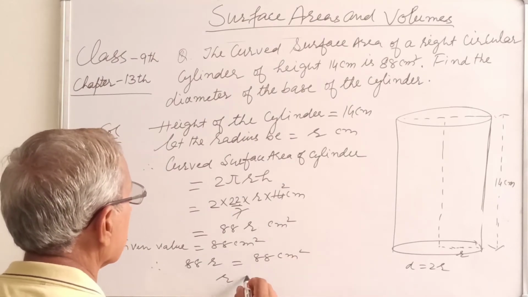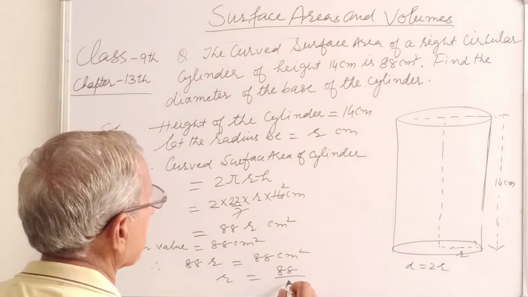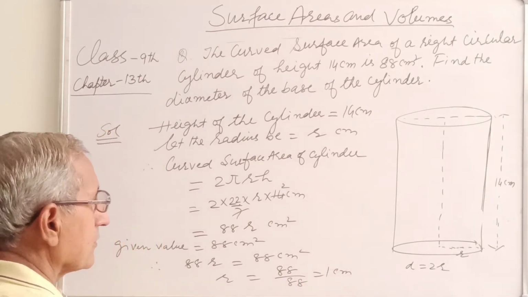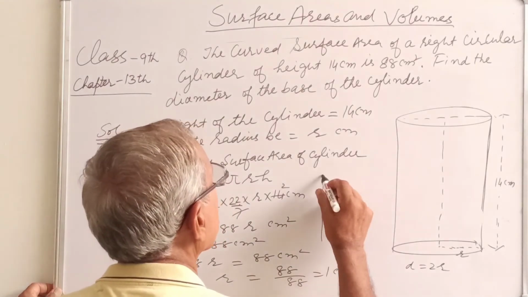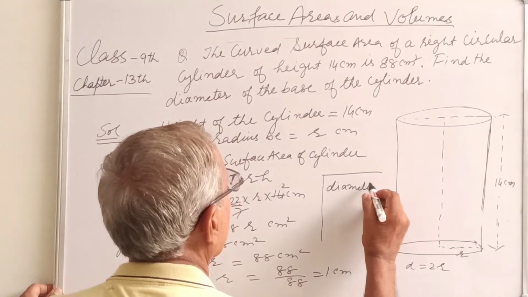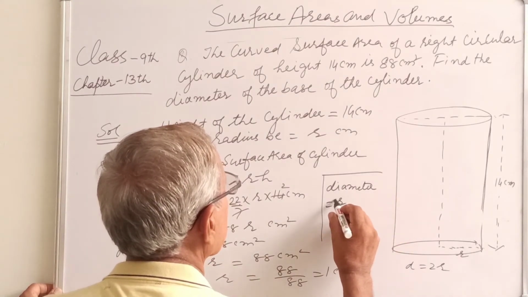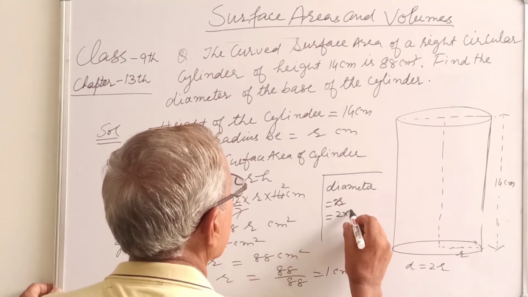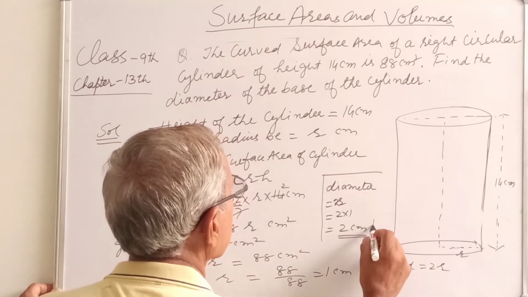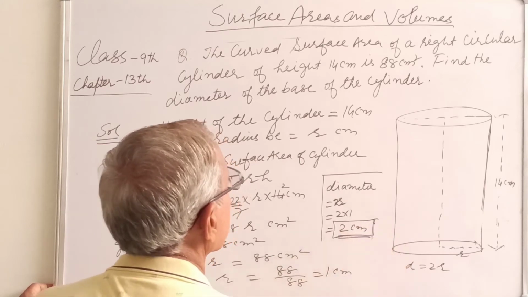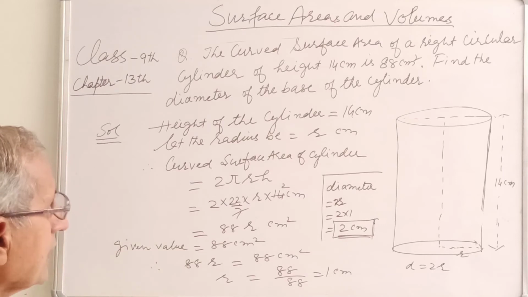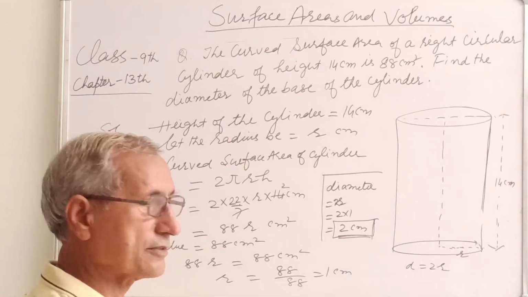So r will be 88 divided by 88, that is 1 centimeter. So diameter will be 2r. So 2 into 1, that is 2 centimeters. So this is the answer for the question. So you have to find out the diameter for the cylinder, that is 2 centimeters.